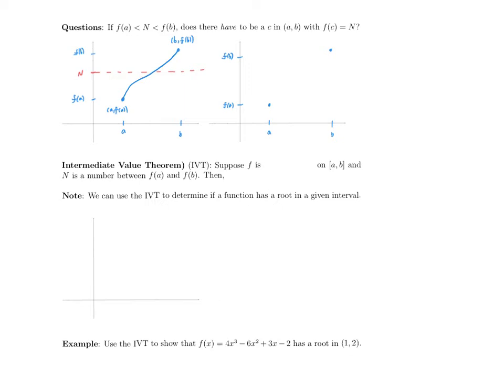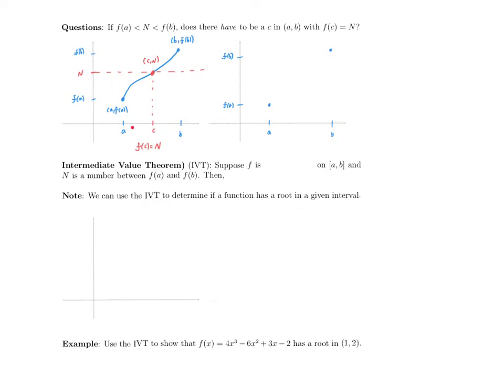And immediately we notice there's this point on the graph which corresponds to some input, let's call it c, where we have this point c comma n on our graph, that is to say f of c is equal to n. So in terms of the wording of our question, does there have to be a c in between a and b where f of c is equal to n?